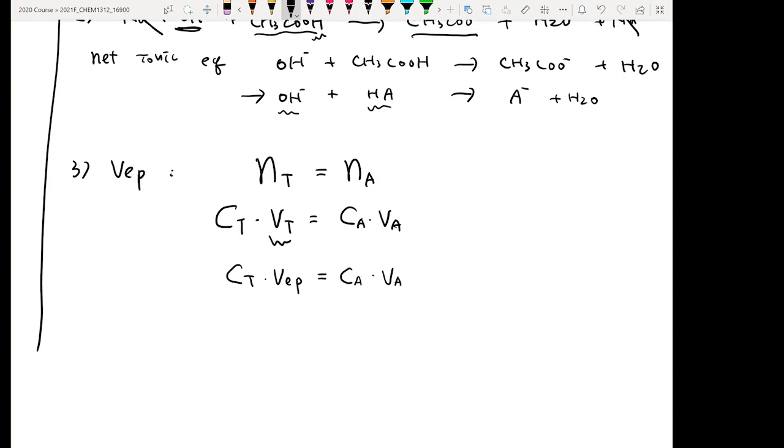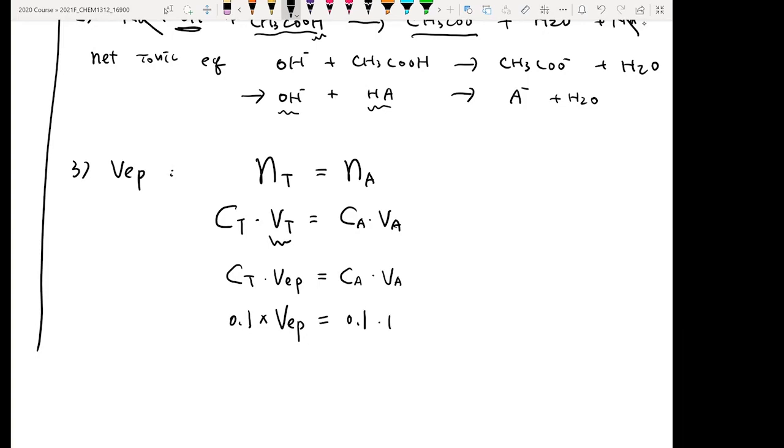The concentration of your titrant is the concentration of NaOH, so in this case it will be 0.1 M. The volume is the thing you're looking for: how much should I add into my flask so that I can reach my equivalence point. The concentration of your analyte is also 0.1 M for your acetic acid.